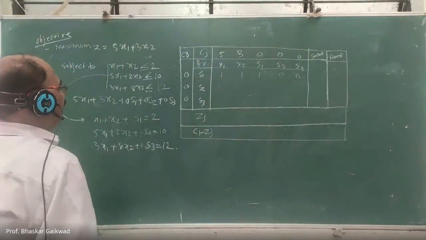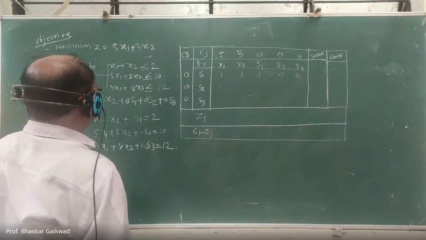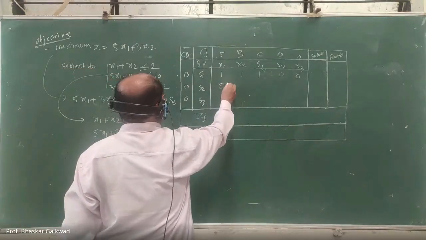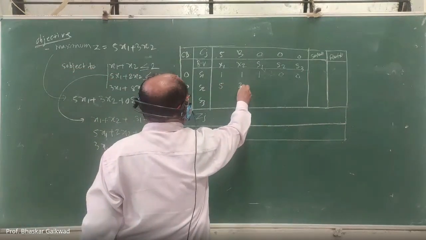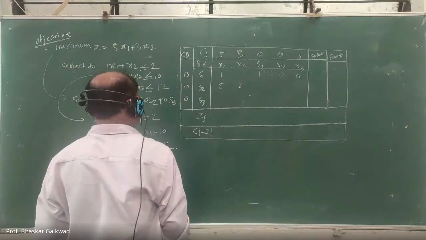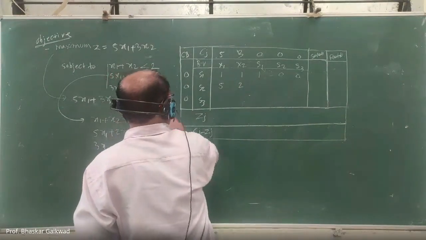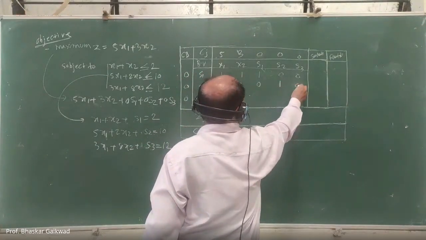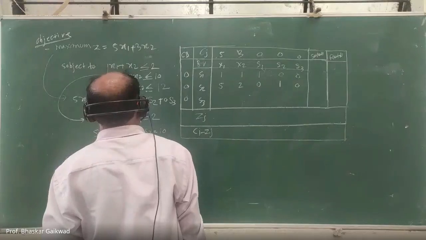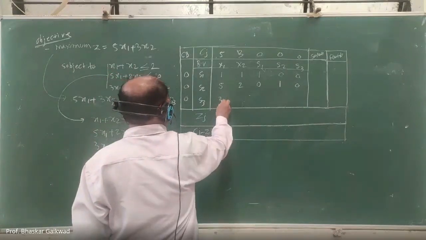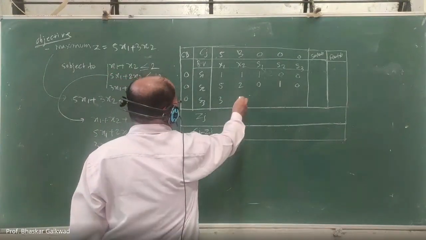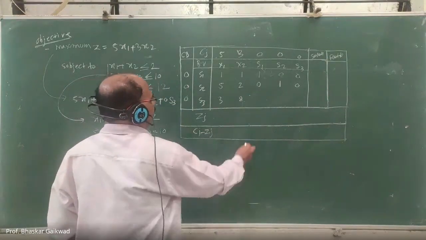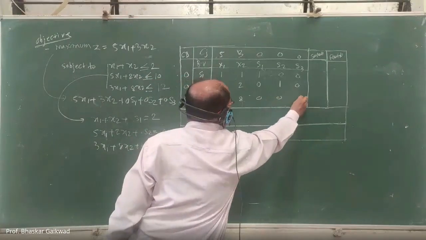Correct. After this, S2. What is the S2 here? For the S2 equation, S1 is 0, but S2 is 1 and S3 is 0. Third equation, here it is 3 and 8, then 0, 0, 1.